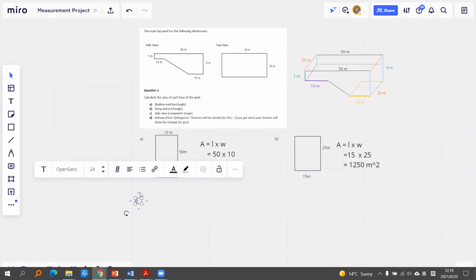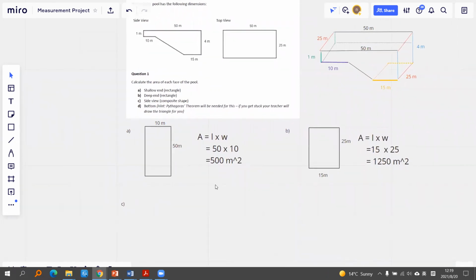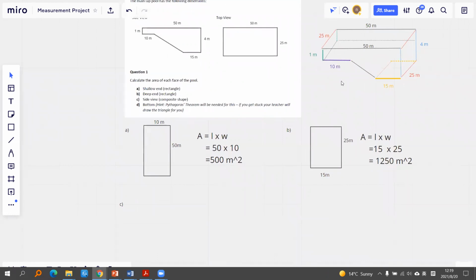So for question C, it'll be the same. Let me put it here. For this one, we want to get the side view. So the area of the side view.